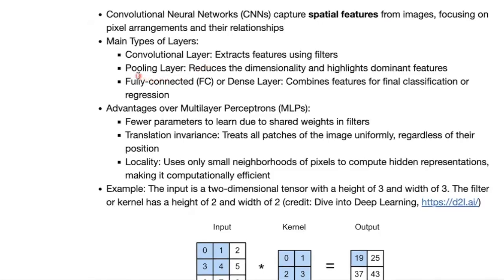And then we use something called a pooling layer, which is mainly used to reduce the dimensionality of extracted features. This is also important to make sure that we have properties such as translation invariance. And as we said, this means that if we really want to detect some objects or even some edges in an image, it shouldn't really matter where it is exactly located, right? So we want to have that translation invariance property.